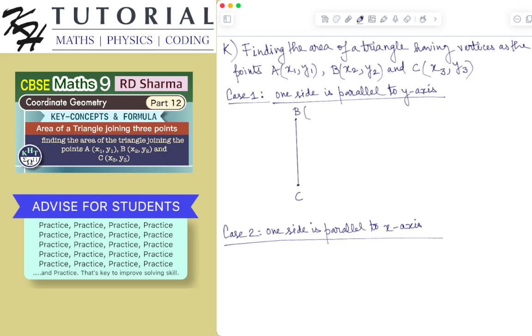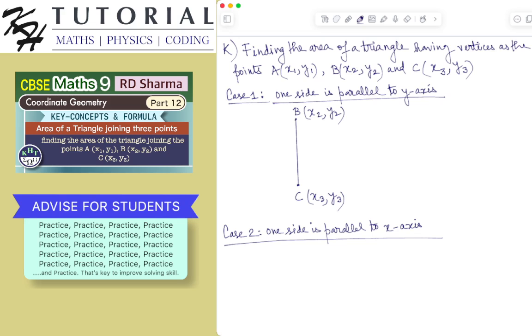So the coordinates of the vertex B are x2, y2, and the coordinates of the point C are given as x3, y3, and the other vertex A could be anywhere. It could be to the left hand side of the side BC, or it could be to the right hand side of BC. It does not matter.